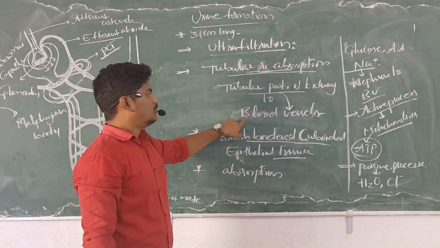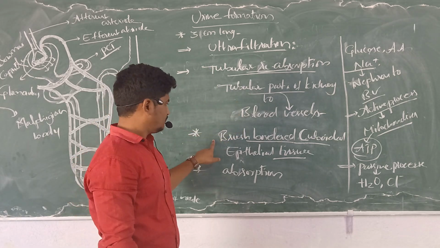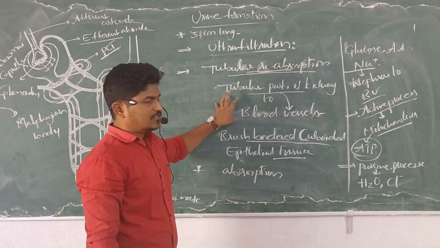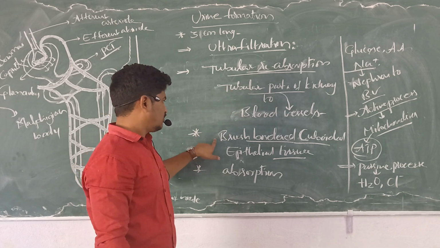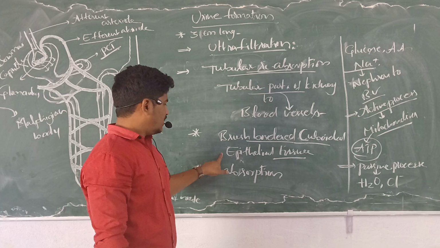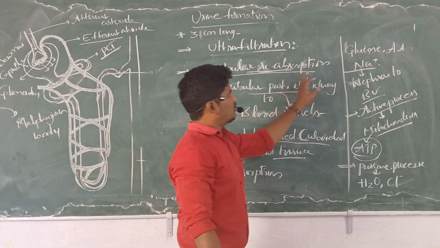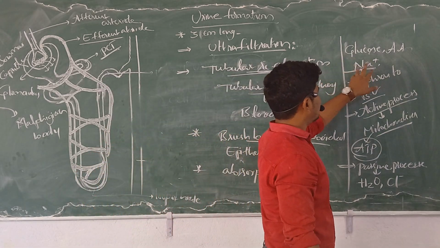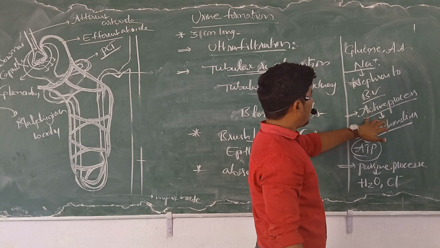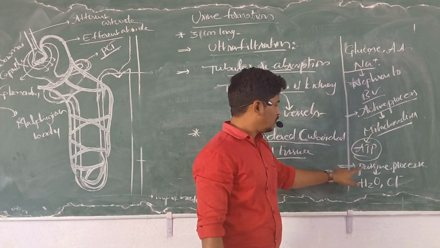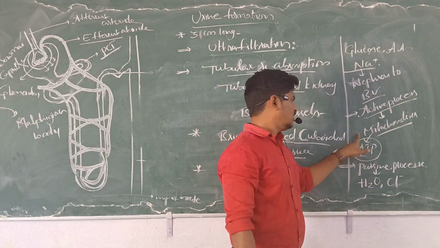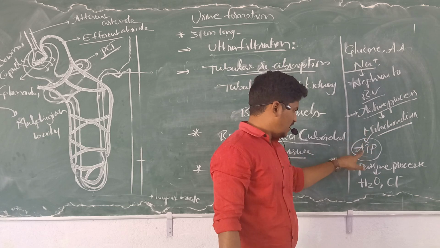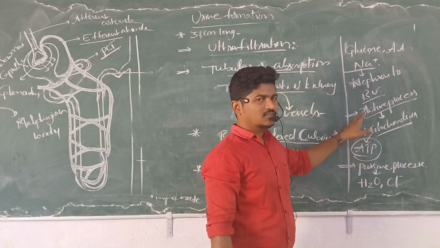From the kidney to the blood vessel it is transferred, through the structure that includes brush-bordered epithelium. That's why absorption is happening: glucose, amino acids, and sodium ions are absorbed through the active process, and water and chloride ions through the passive process. And for the active process, what is required? ATP is required. That is the reason it has the mitochondria.